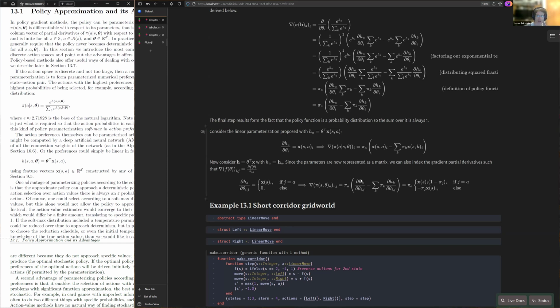This term is only non-zero when j is equal to a. So we have this part of the expression for all of the terms in theta, and this other part only applies to that one column when j equals a.